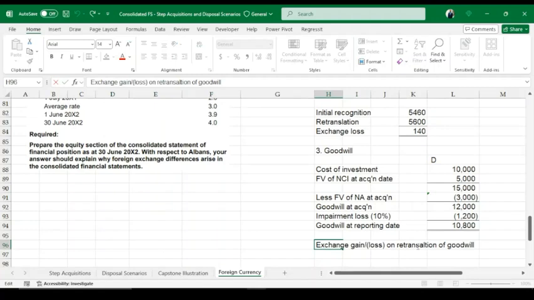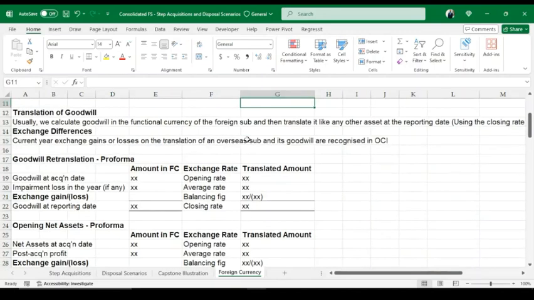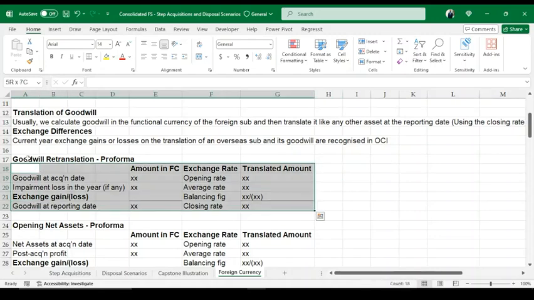Quickly, I'm going back to my notes to copy the format we have on the retranslation of goodwill, the pro forma here, and then you can copy that and use the figures as appropriate.